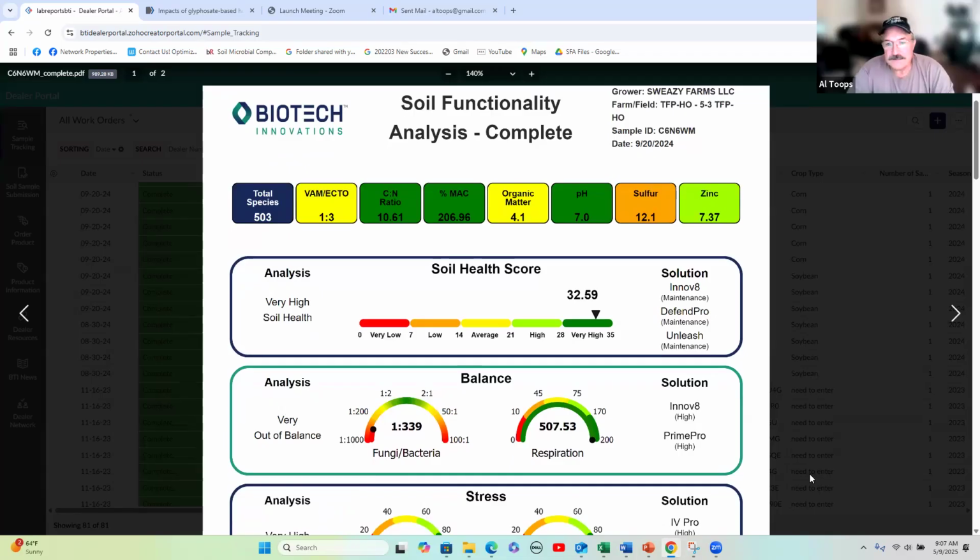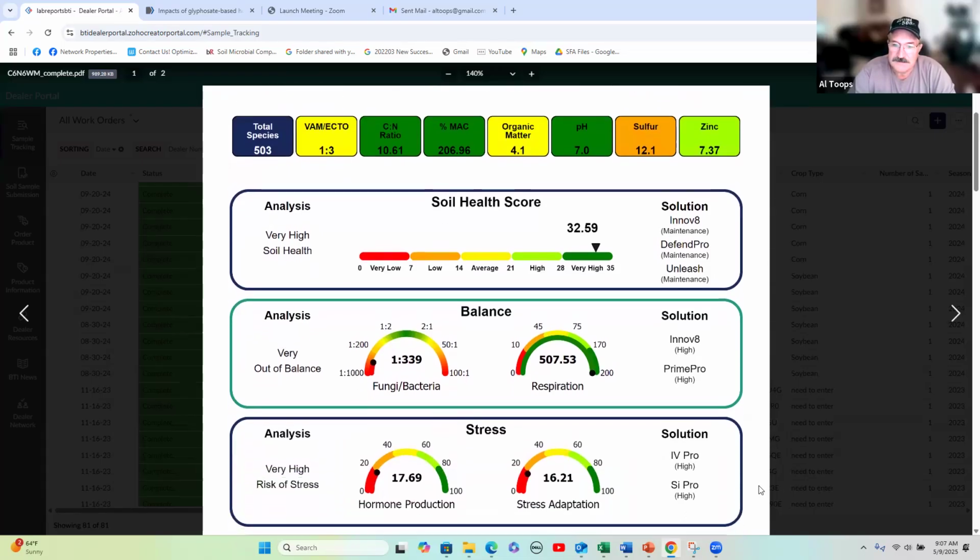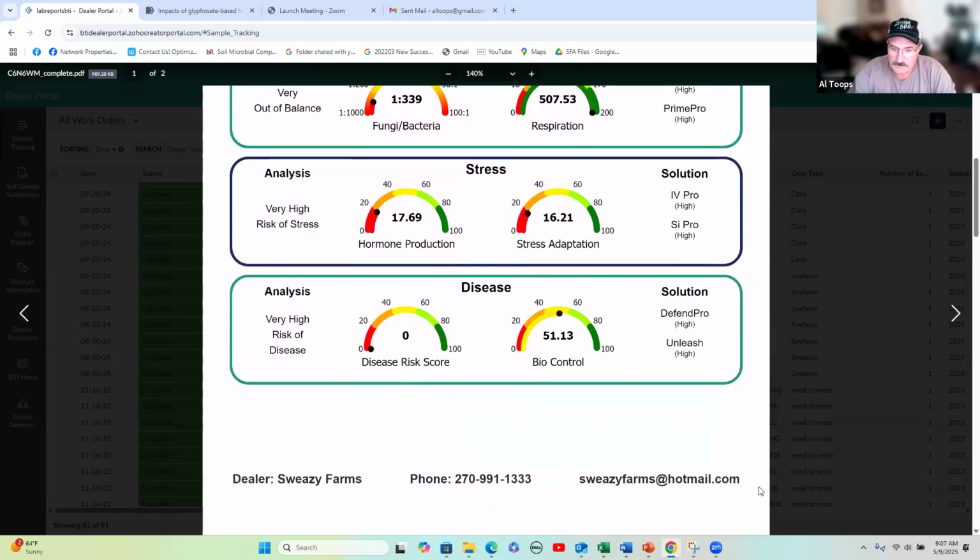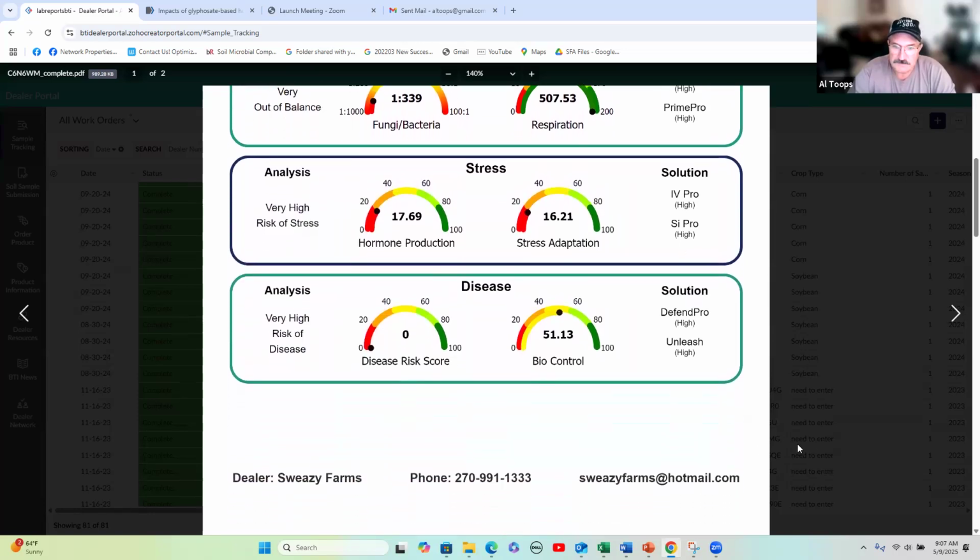He still has some challenges, but I think he's on the path to really getting efficiencies now. He's doing some things that I think he wants to change and get off some of his dry fertilizer. But he's looking at the timing of when he puts products out and that type of stuff.